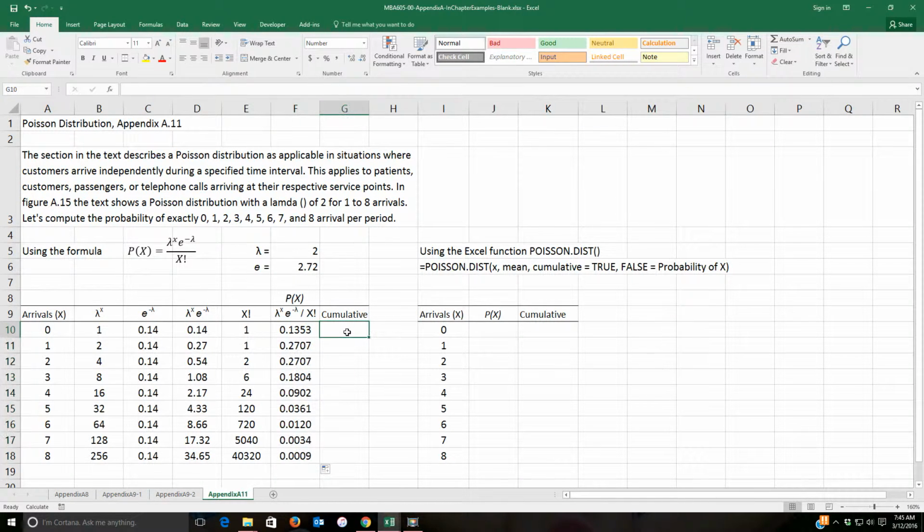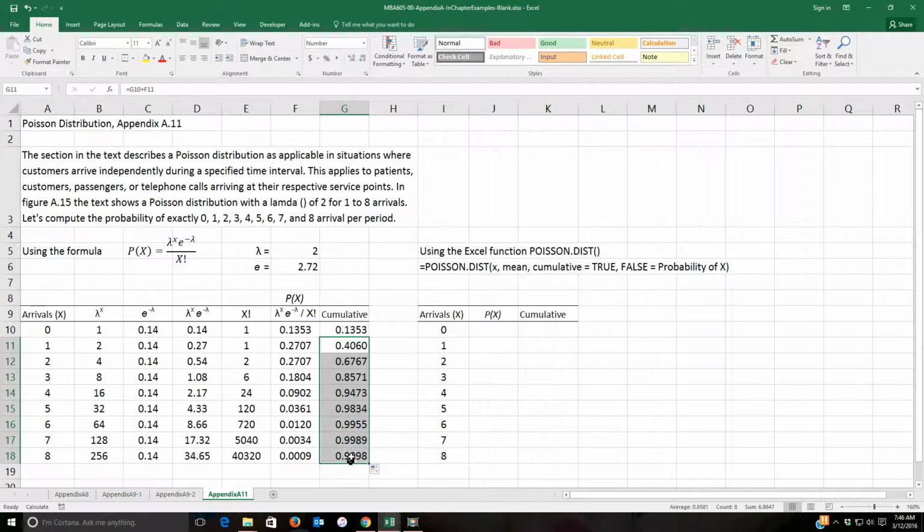Now we'll calculate our cumulatives so that we can state the probability of less than 2 arrivals or more than 4 arrivals, and so on. Cumulative for 0 is simply the probability of 0. The cumulative for the next value is the previous cumulative value plus the current probability. And we can just copy that down.